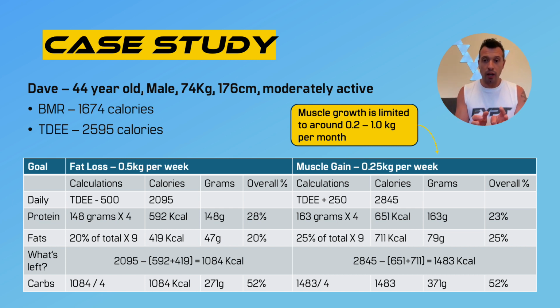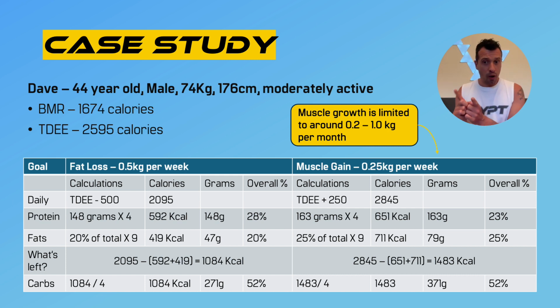That leaves me with 1,084 calories. So that is what I can eat on carbs. I then divide that by 4. That gives me 271 grams of carbs. Yummy. That's a decent amount of carbs. That gives me a split of 28% protein, 20% fat, and 52% carbs, which is roughly right.